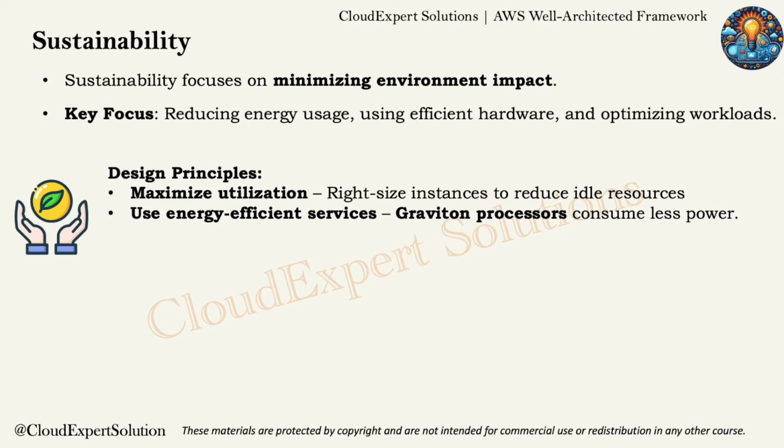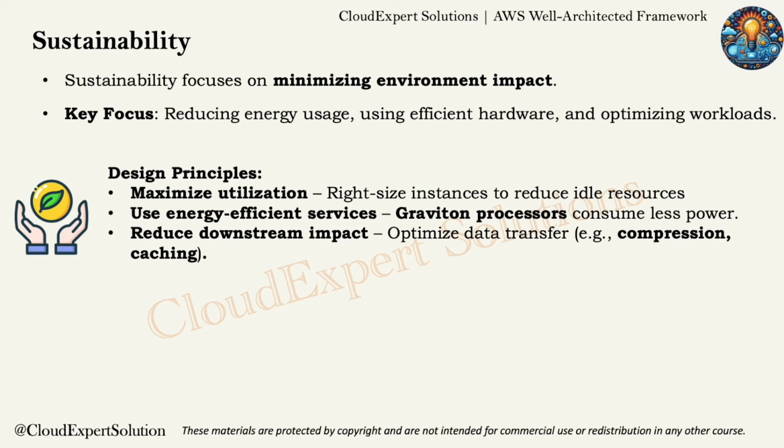You can use energy efficient services like Graviton processors, which consume less power. You can also reduce downstream impact by optimizing data transfer. That means you can use caching and compression, which will reduce your data transfer volume.